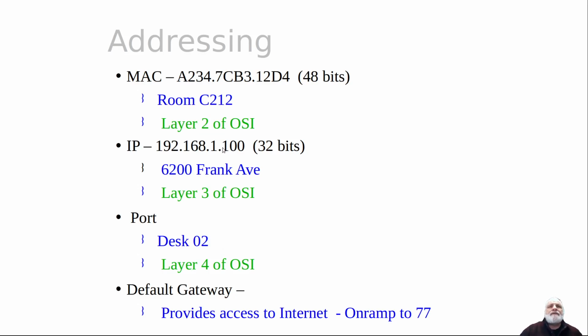Okay, now to send the data out, once we want to get out of our current network, we have to go through what's called a gateway or a router. You see the terms gateway and router. Again, this is kind of the idea of the mail truck.